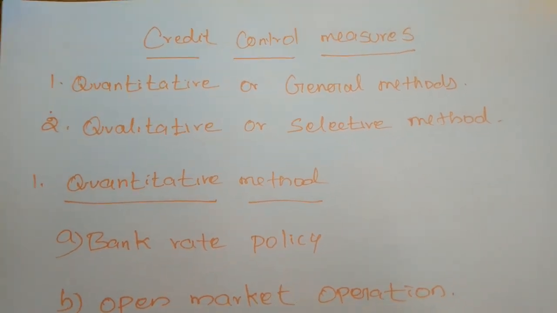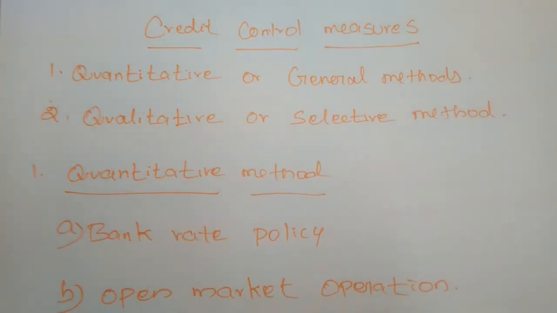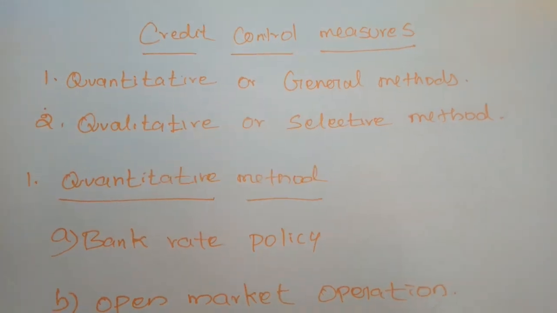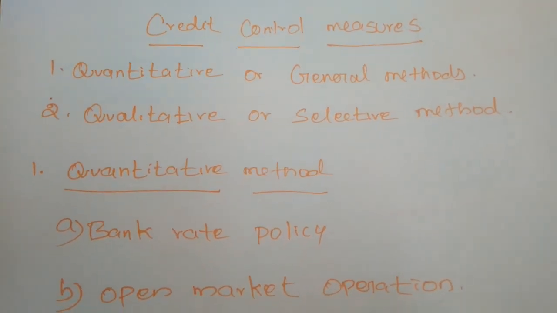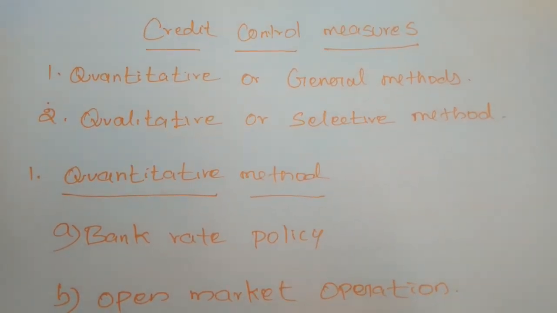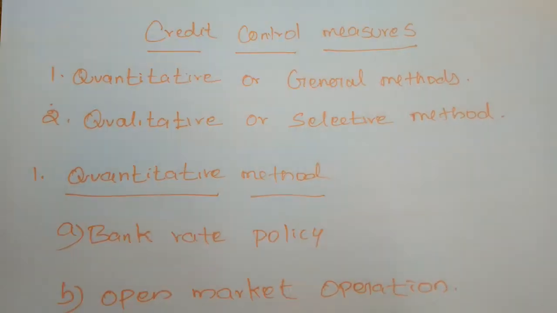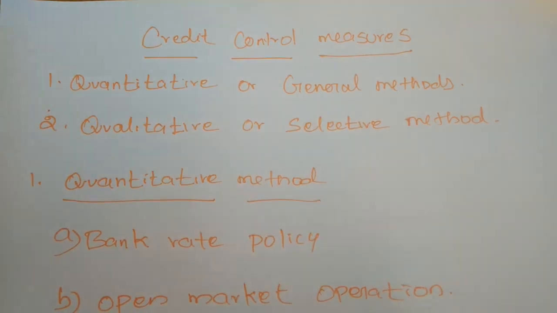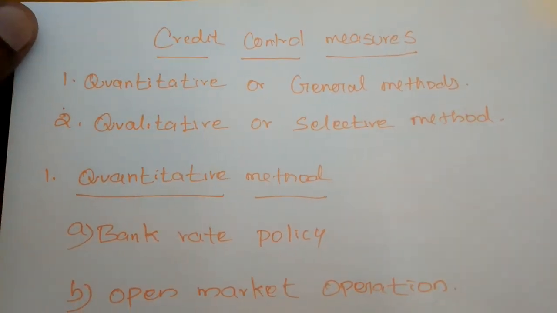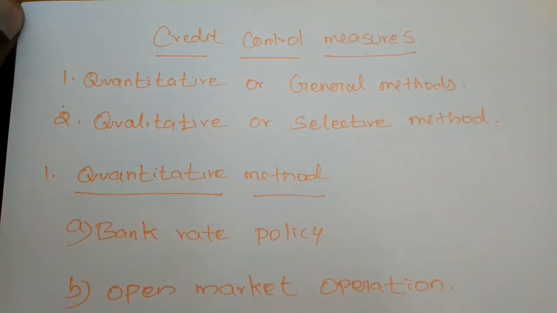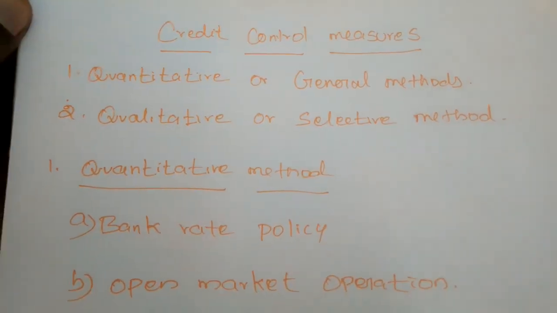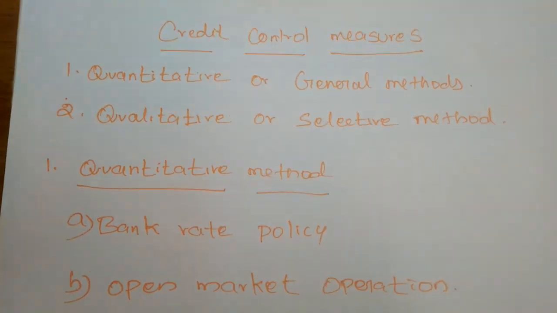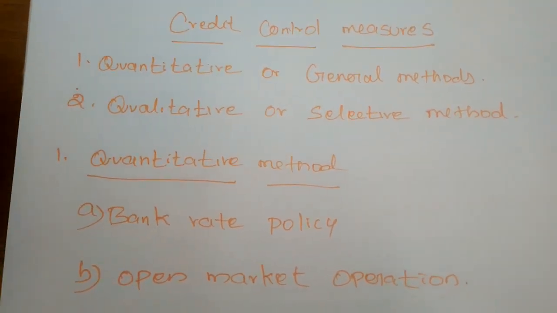If the credit is increased, many problems may arise. So the government must control the credits. In whichever way we can control the credits, on behalf of the government, the Reserve Bank of India only has to take measures to control the credits.